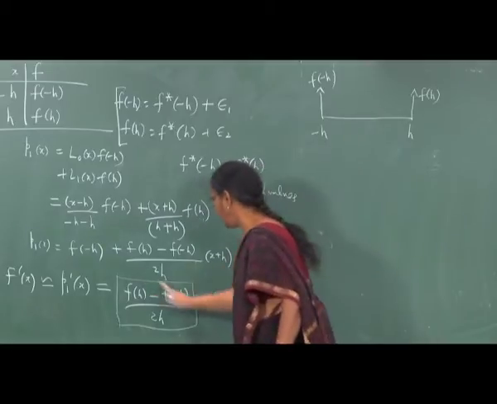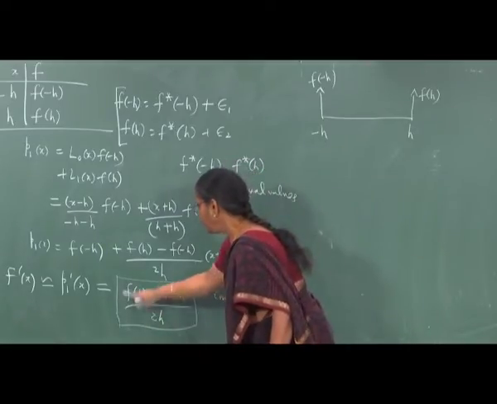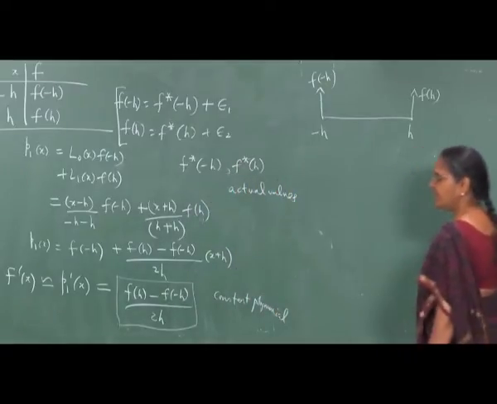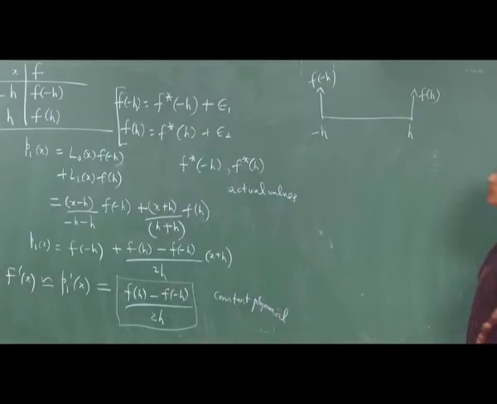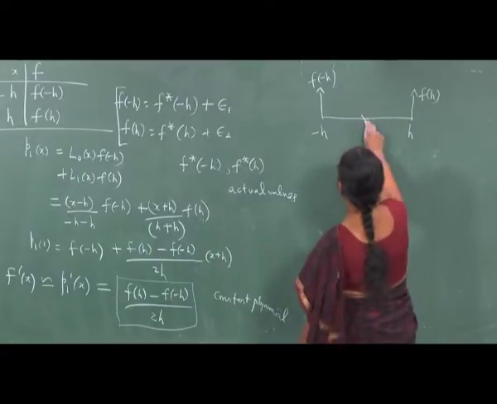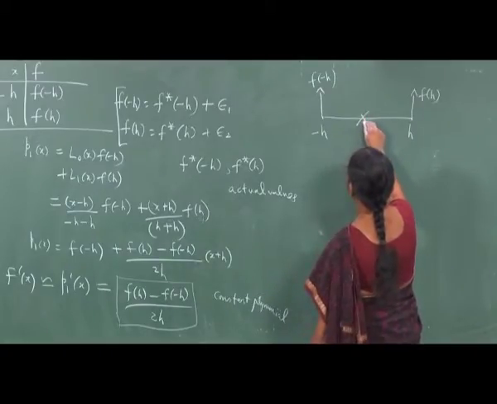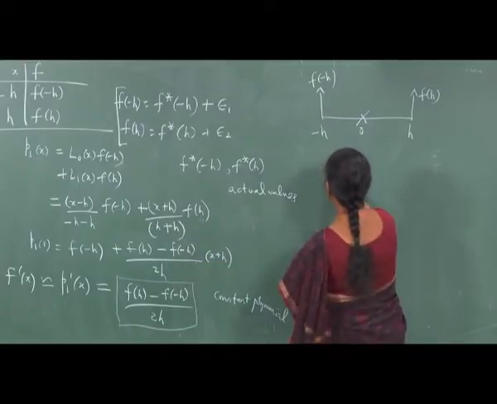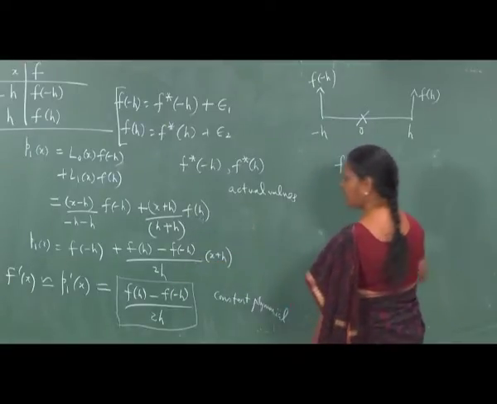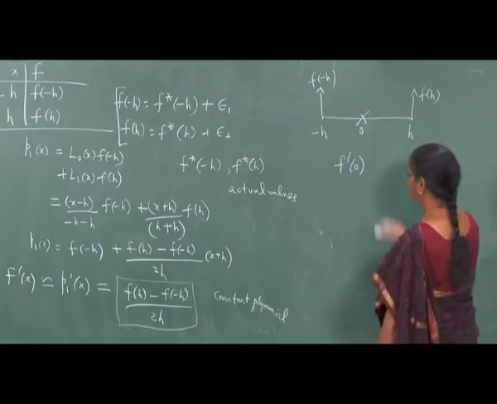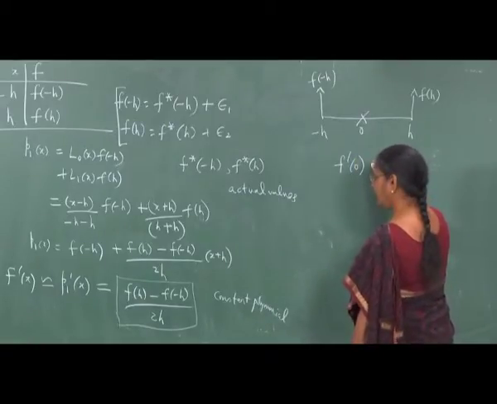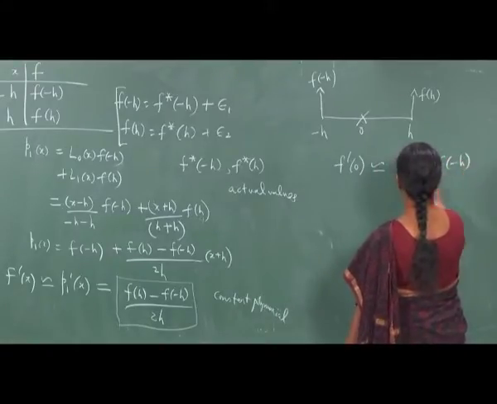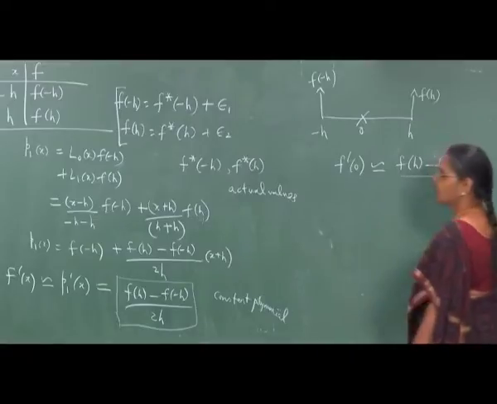So, the difference between that by 2h, you recall that such a formula was derived yesterday using method of undetermined coefficients, namely it approximates the derivative at the center point. So, whatever that you have got is an approximation of the derivative of f at the center point, and that is f at h minus f at minus h divided by 2h.